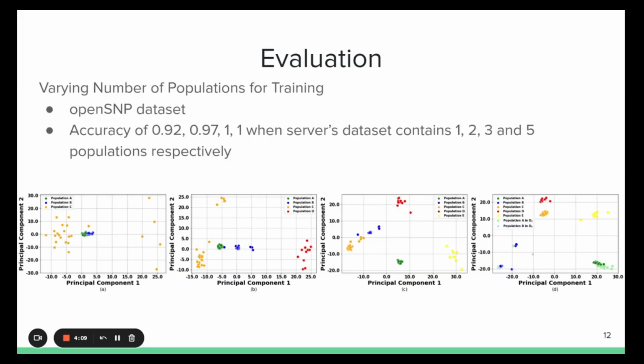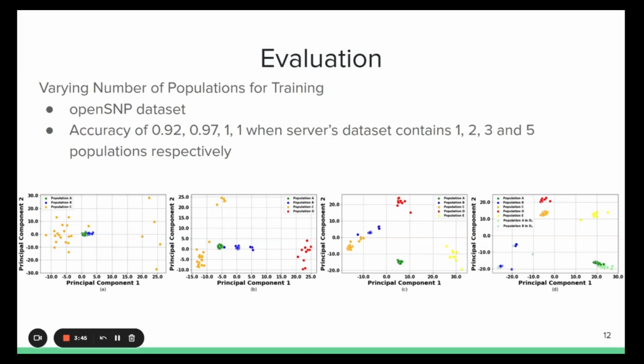Initially, we evaluate the impact of varying the number of populations in the server's dataset for training the PCA model. These 4 experiments are designed by modifying the content of the dataset. The centralized PCA combines all datasets and clusters samples using k-means of the PCA output, and the resulting clusters serve as a benchmark.